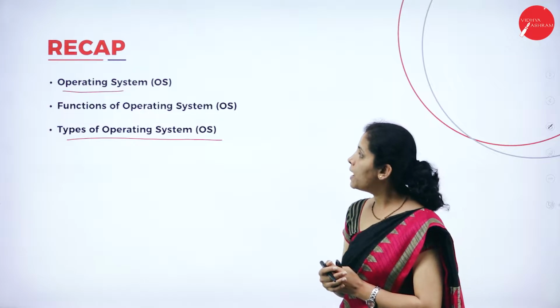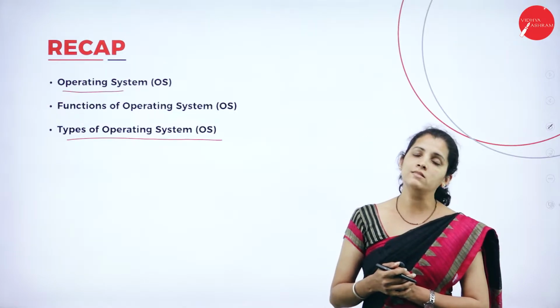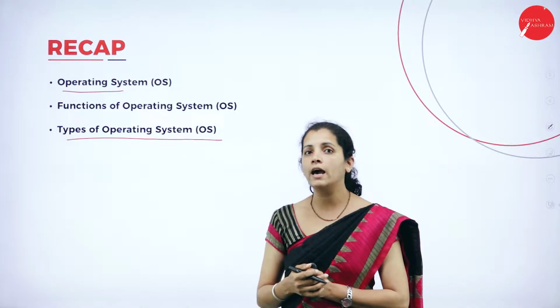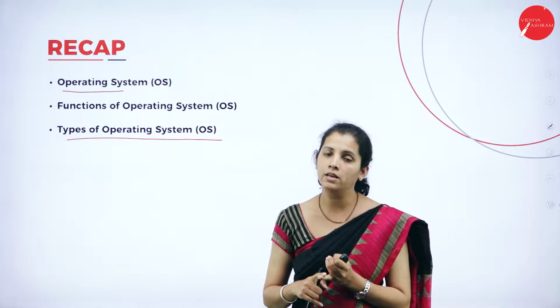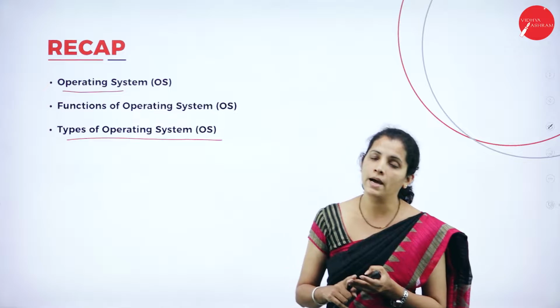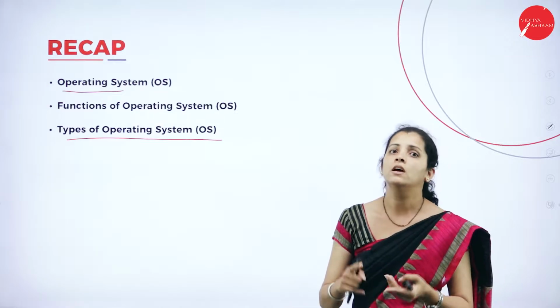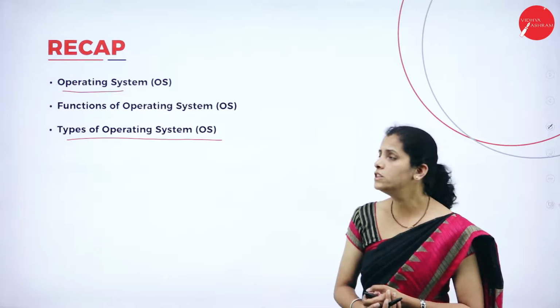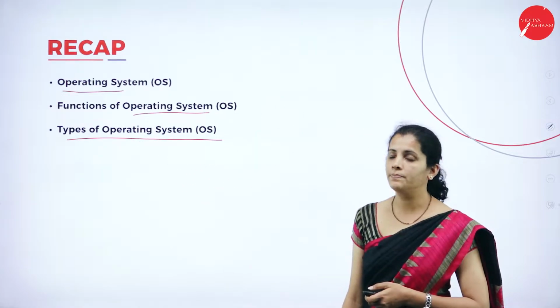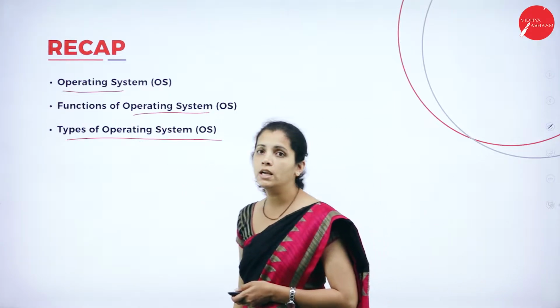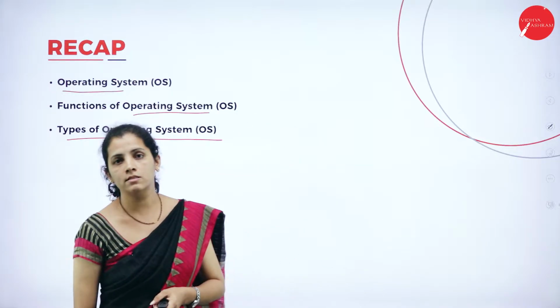Then talking about functions of operating system, what are the functions carried out by the operating system? That is memory management, file management, process management, device management, security management. All those things are carried out by the operating system. Along with that, I'm going to deal with types of operating system.